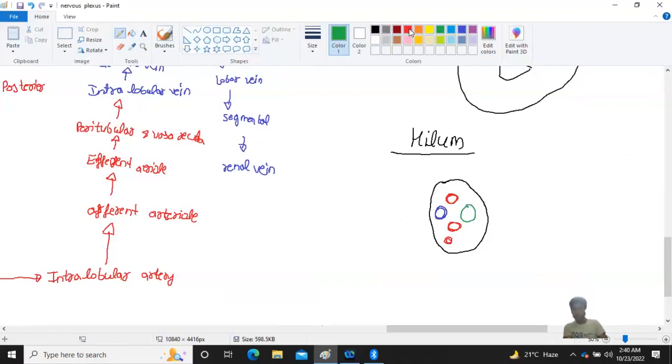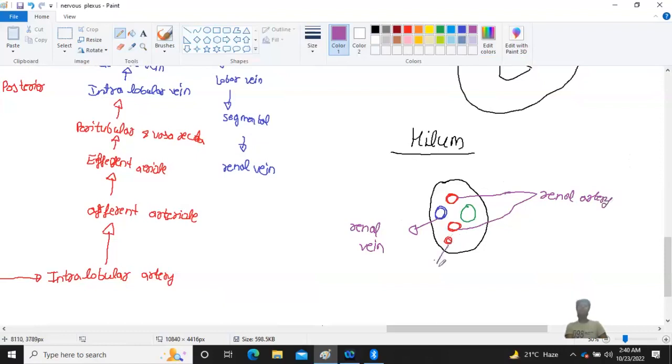So this is the renal vein, renal artery.